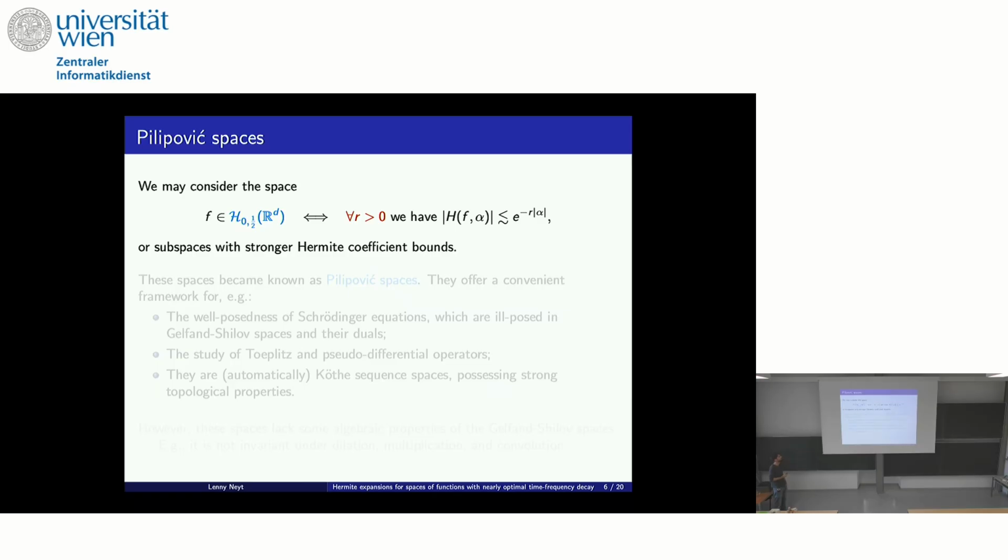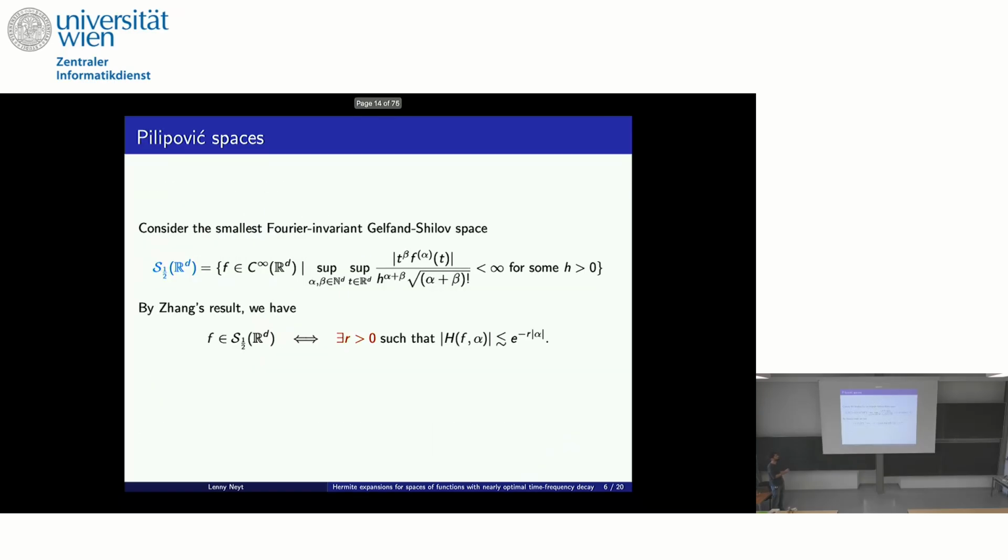So this is a somewhat abstract definition: f belongs to this space if for each R the Hermite coefficients have this kind of decay. All right, and of course this is a non-trivial space, it contains all of the Hermite functions, so we're not working on something empty. Okay, and we have this kind of decay, but of course you can have more specified decay like this, but we leave the situation of the Gelfand-Shilov spaces right here.